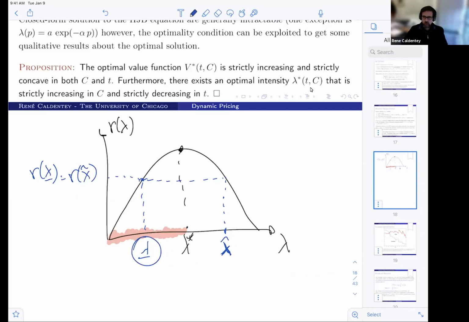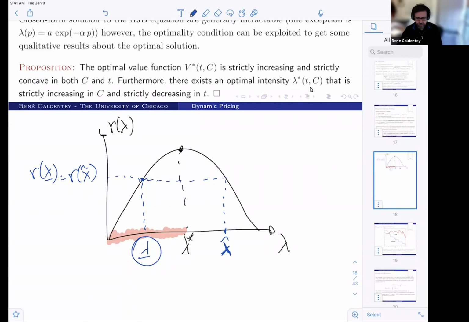But this one consumes fewer resources because you're selling at a lower selling rate. So you're actually more efficient in the way you generate that revenue because you allocate fewer resources. And obviously, having more resources is good. So that lambda bar dominates that lambda hat, right? And that's why you're always going to look at optimizing in this region that I'm pointing to here in red.